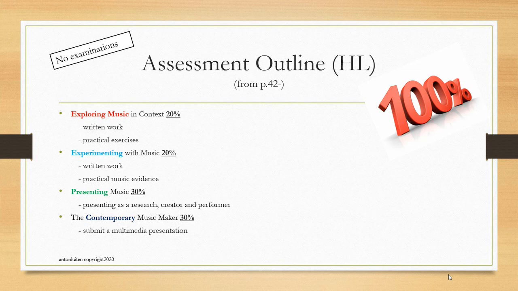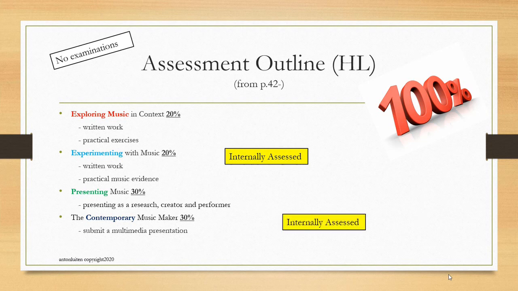Here, students submit a continuous multimedia presentation documenting their real-life project, maximum of 15 minutes, evidencing the project proposal, the process and evaluation, and the realized project or curated sections of it. Similar to experimenting with music, this is internally assessed. Just as with standard level students, exploring music and presenting music are assessed externally.